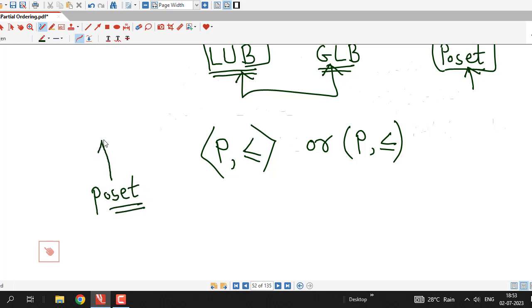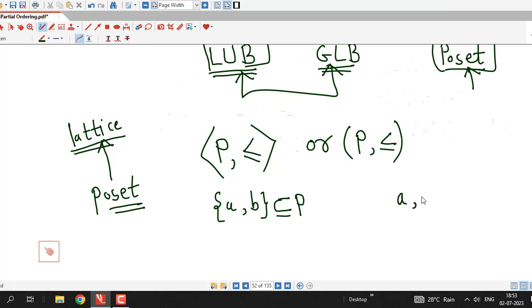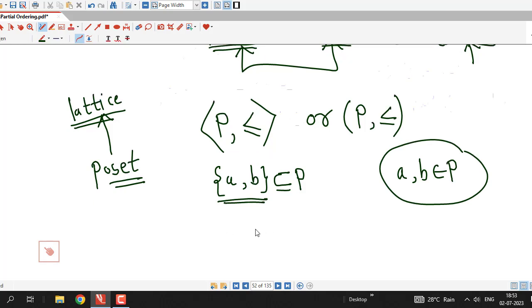Now when does this poset become a lattice? We have one condition: if I take any two elements in the set P, and construct a subset having these two elements, and if this subset has a least upper bound as well as a greatest lower bound in the poset P, then this poset P is a lattice.